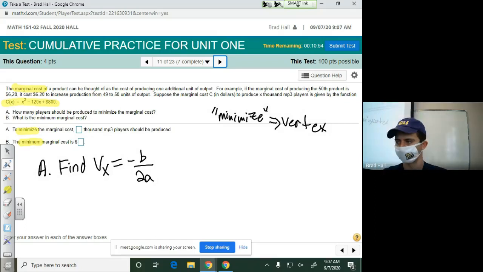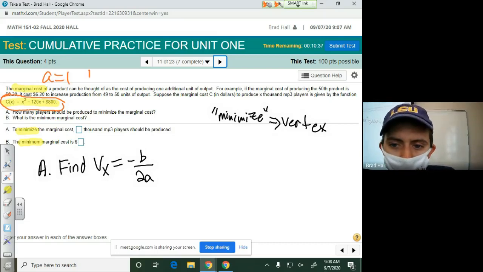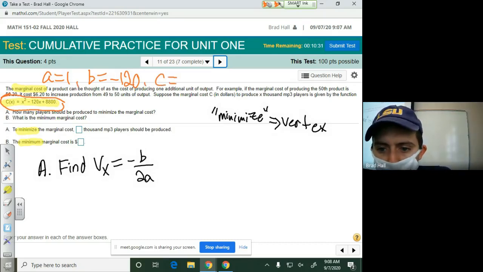And so the x coordinate of the vertex, as mentioned before, is negative b over 2a. I'll go ahead and write down what A, B, and C are from the quadratic here. A is 1, B is negative 120, C is 8,800.